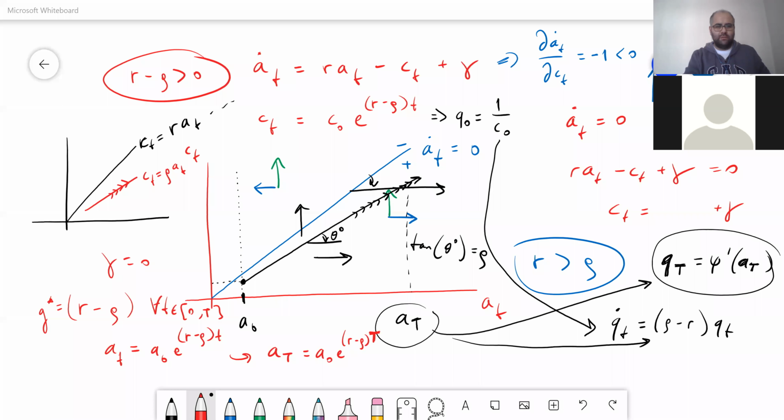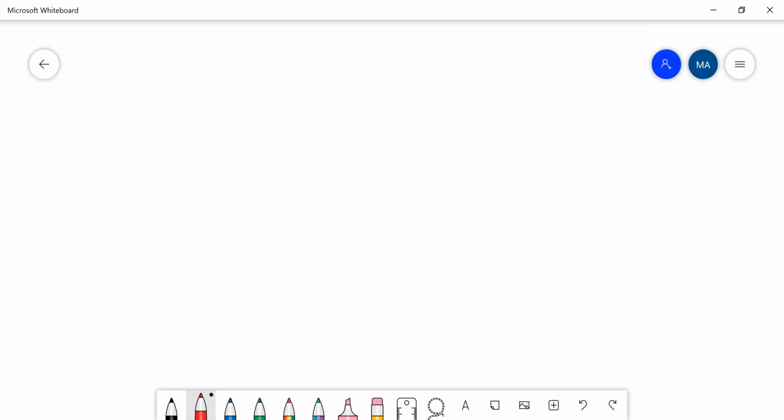Now, there's one last thing. In a problem like this, of course, you can also ask me what happens if there's no bequest motive. What happens if there's no bequest motive?